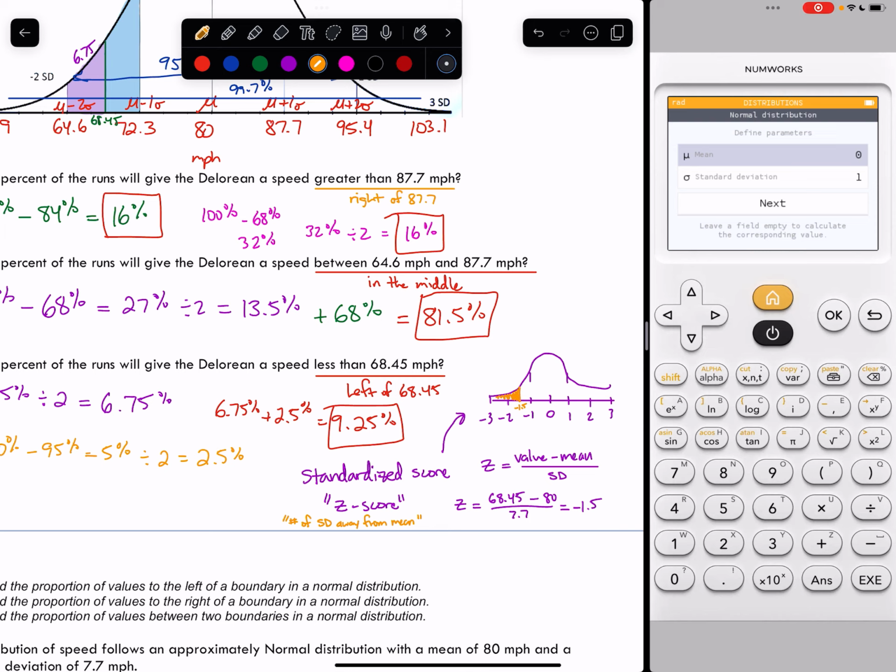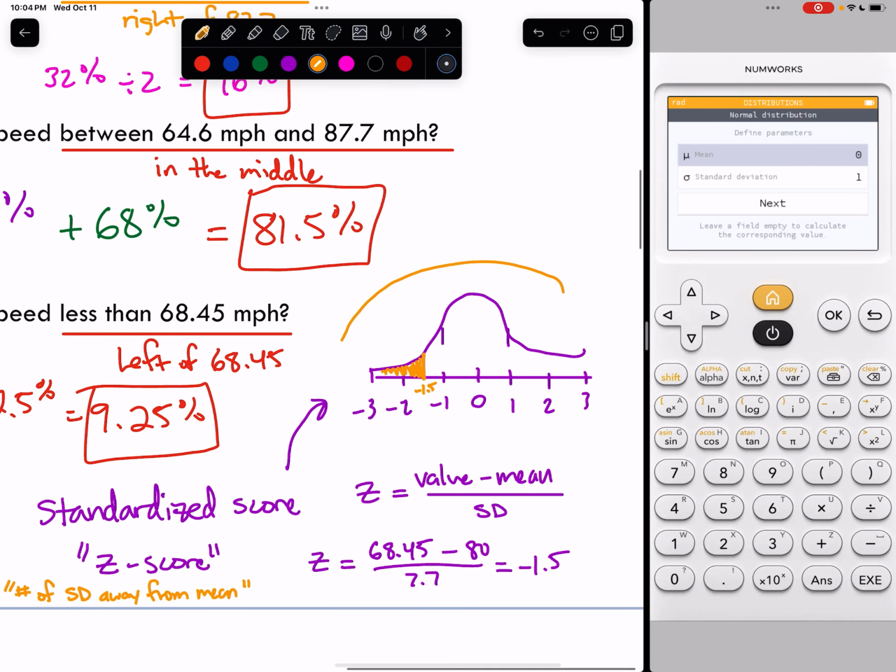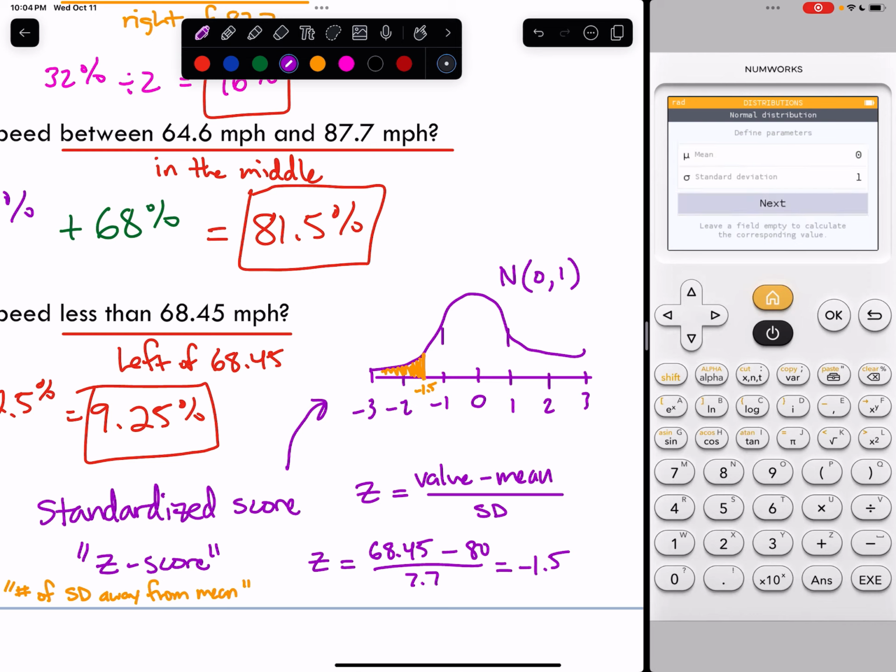And this time I get to just leave the mean and standard deviation alone, because we've now reset to this graph right here, where our mean is at 0 and our standard deviation is 1. If we wanted to label this, we'd say that this is the normal graph with mean 0 and standard deviation 1. So we're going to leave those two alone. We're going to go down to next.